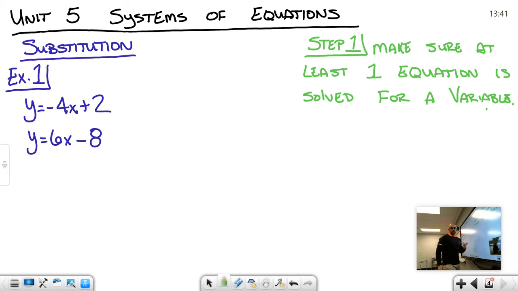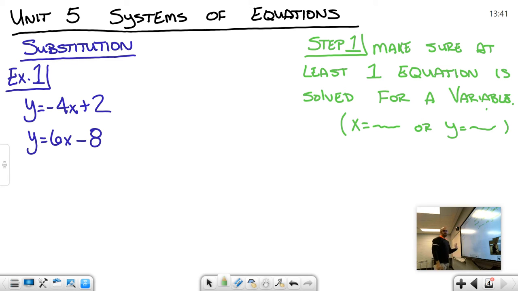Okay, we want to make sure at least one of these is solved for a variable. And what I mean by that is do I have y by itself? Do I have x by itself? Okay, so if you want to, in parentheses, you can put it can be x equals something or y equals something. Okay, you have to have x or y by itself on one side.